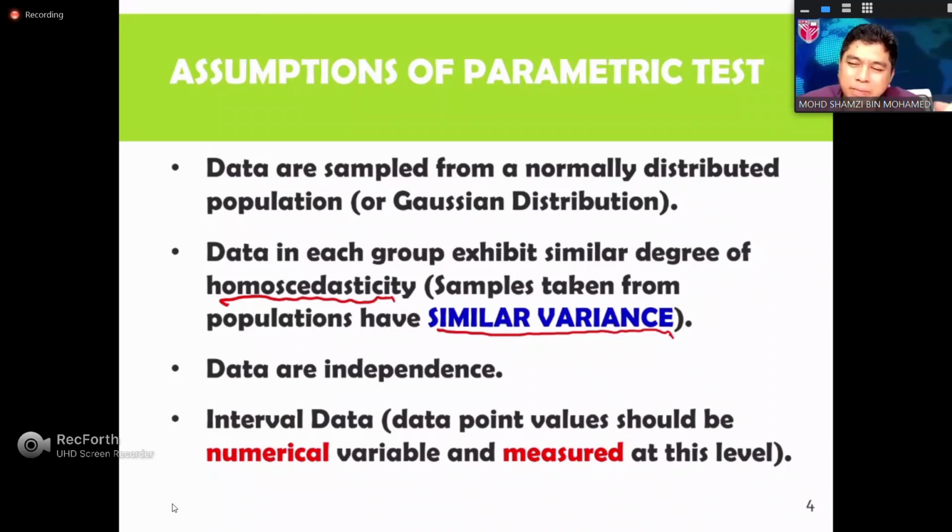If you do a t-test, comparing between two groups, in order for it to be parametric, both must have similar variance. So you call this homoscedasticity.